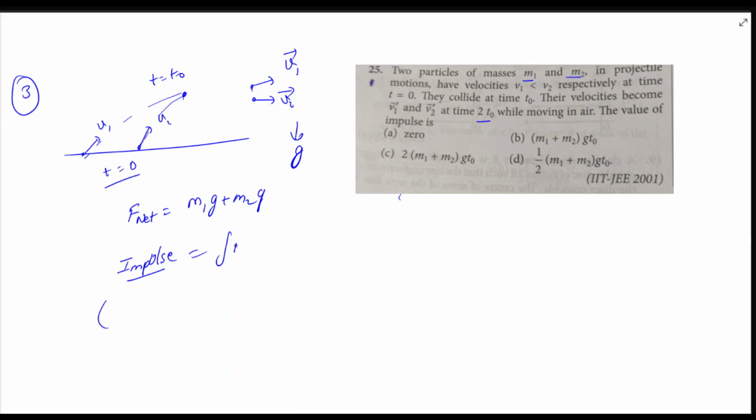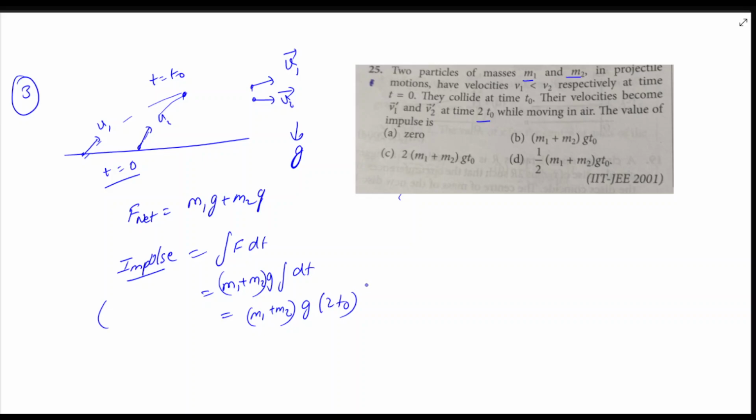So it will be integral F dt. F is always constant, so we can take it out of the integration, and it will be integral dt. The total time is 2 t naught, so it is (m1 plus m2) g into 2 t naught.